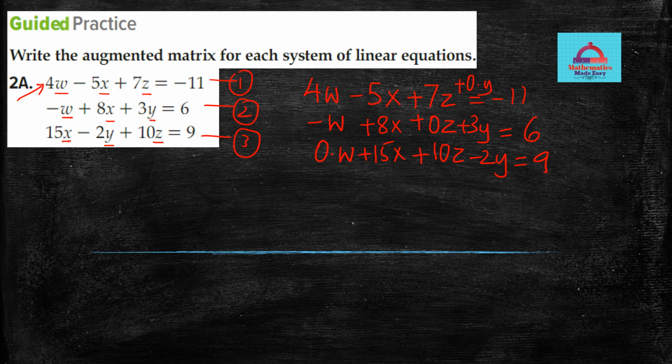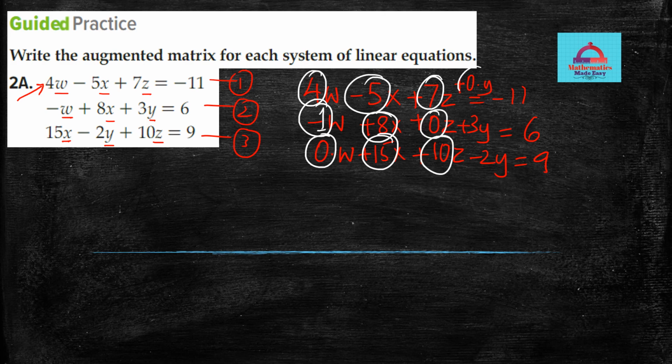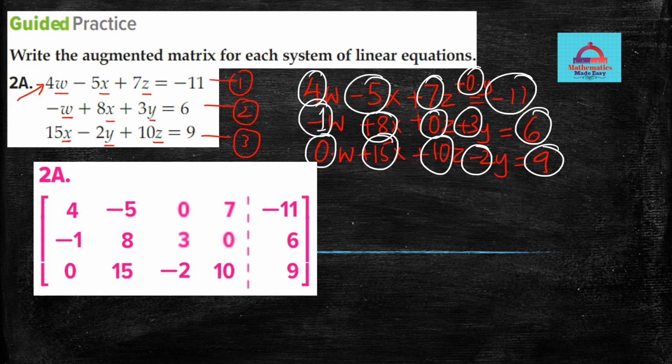So now just keep the numbers. So 4, minus 1, 0, minus 5, plus 8, plus 15, 7, 0, 10, 0, plus 3, minus 2. These will give you the coefficients, and the numbers on the right, minus 11, 6, 9, will be differentiated with the dash line, and this is how you get your augmented matrix.